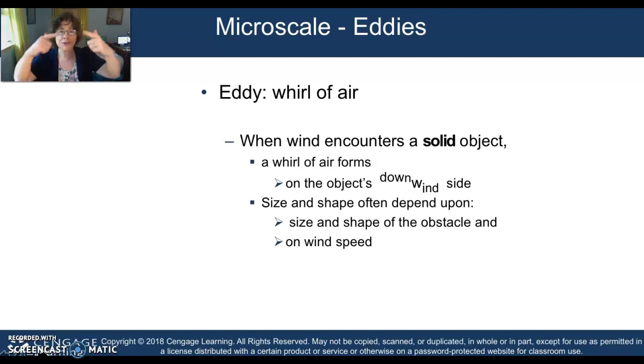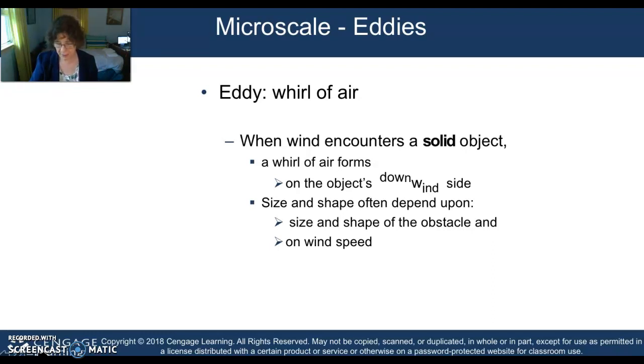And the whirls of air that form counter to the flow straight up, or the normal flow, are called eddies. And the size of those eddies and the number and the shape of those eddies are all related to the object that is obstructing the flow. When we talk about a smokestack, that's the object that is obstructing the flow.